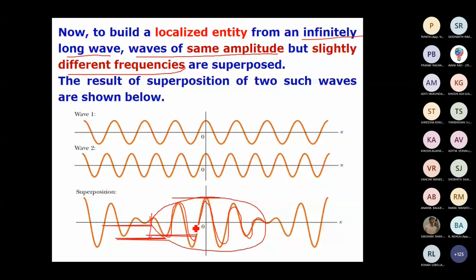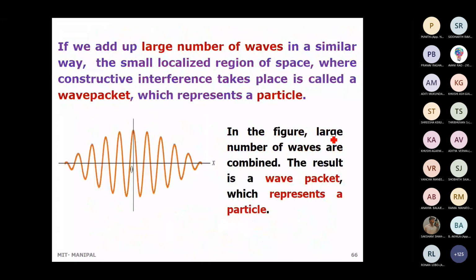Now, this is just taking two long waves of the same amplitude and slightly different frequencies. If you add a large number of waves in a similar way to what we have done in the previous case, you will get a small localized region where constructive interference is taking place, and this is called the wave packet, which represents the particle.